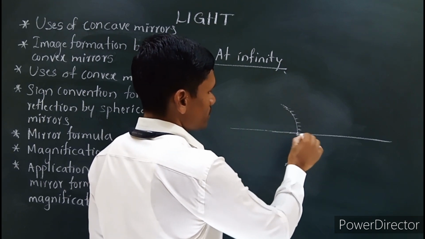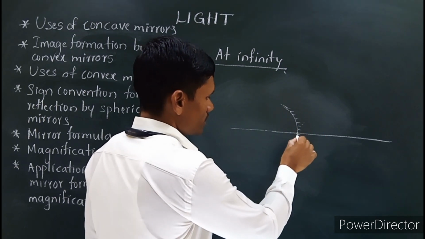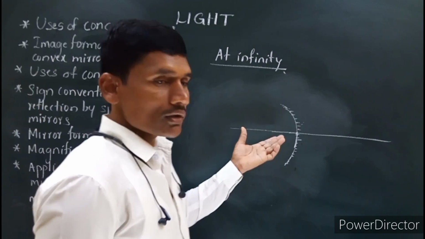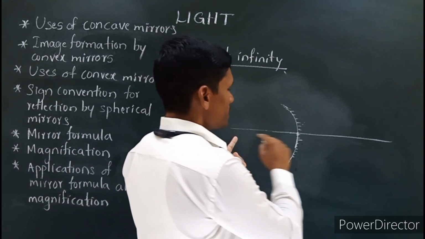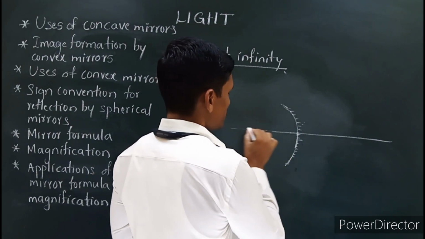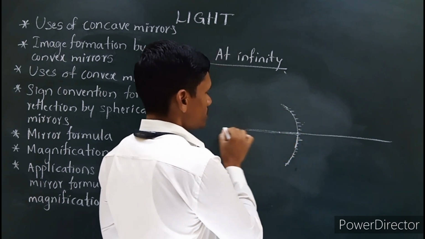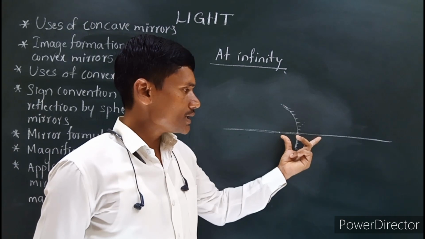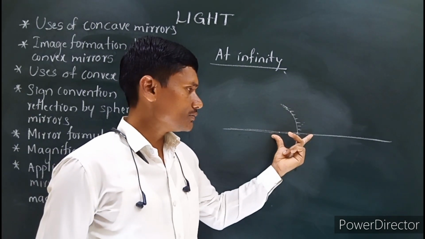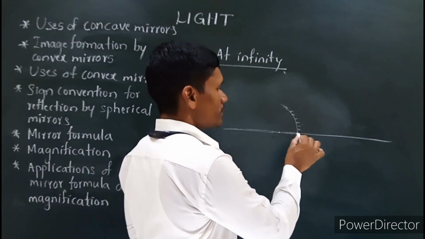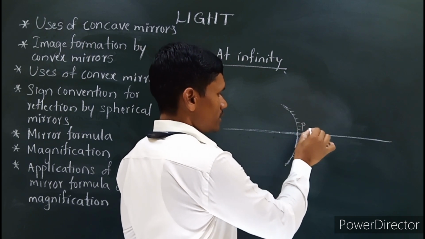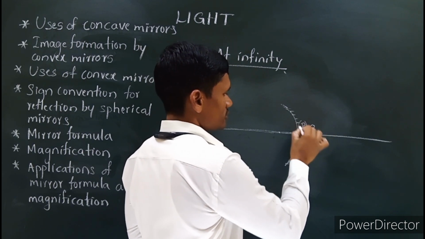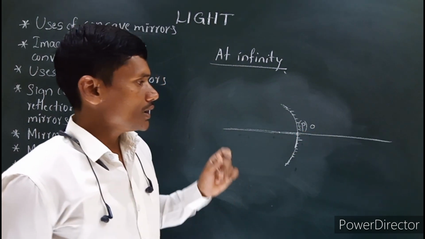Now, the principal axis is considered as x axis of that coordinate system. And pole of the mirror is considered as origin.